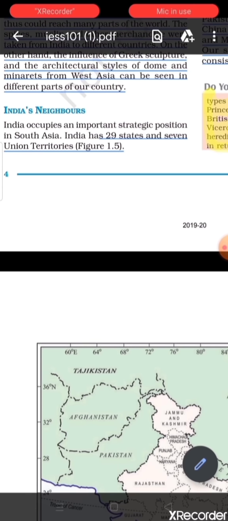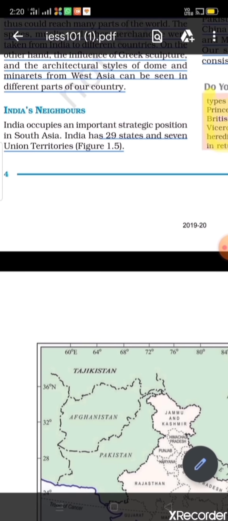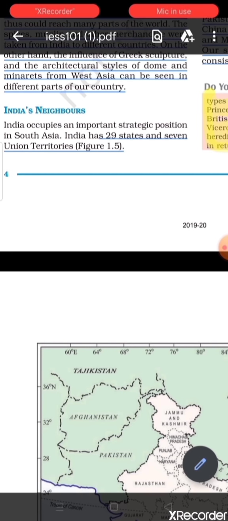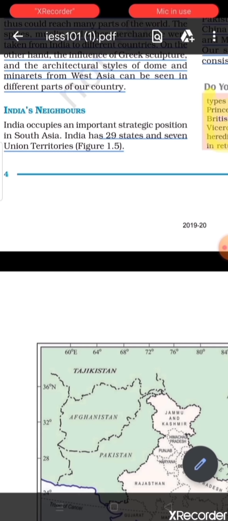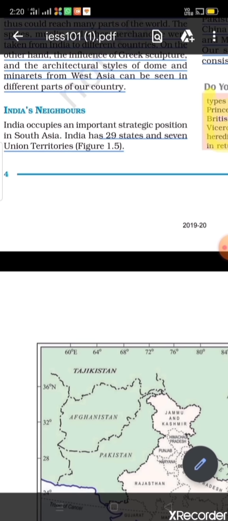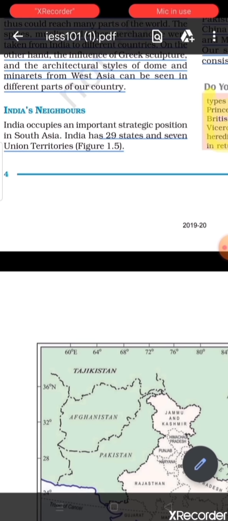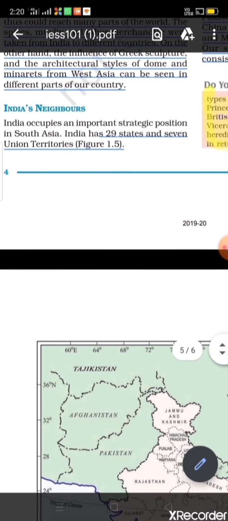And students, if you have a notebook and pen, please note down the names of these union territories. These are Delhi, Jammu and Kashmir, Ladakh, Dadra and Nagar Haveli and Daman and Diu, Pondicherry and Chandigarh.